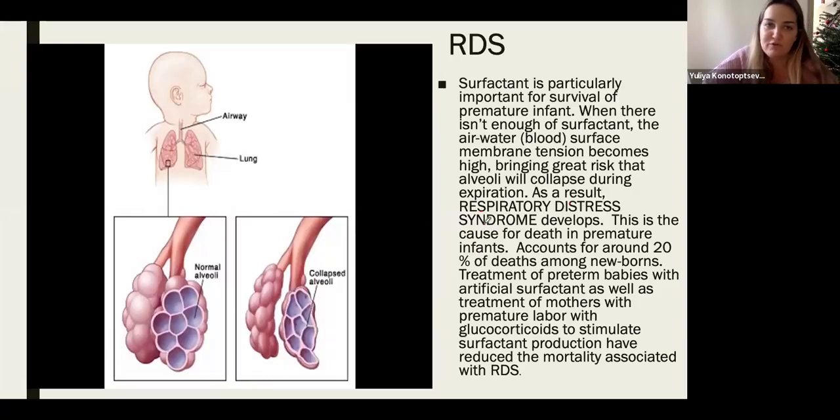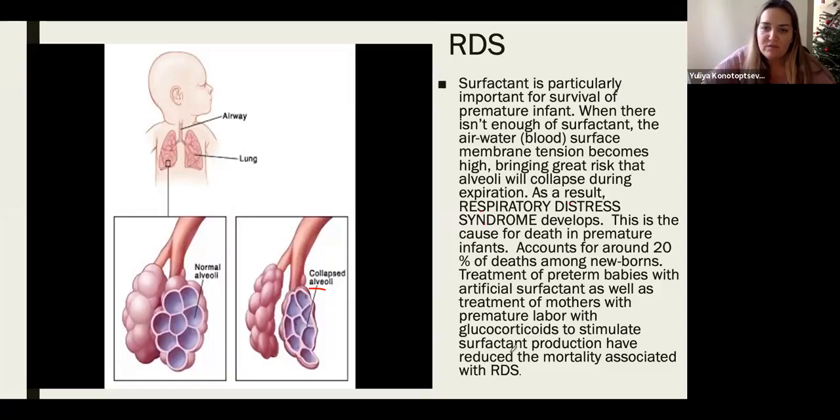There is not enough surfactant. There is friction between the air and the alveoli. So this friction causes alveoli to collapse. And if they collapse, you're basically suffocating, right? So you aren't breathing properly. There is hypoxia. You will die from suffocation, basically.